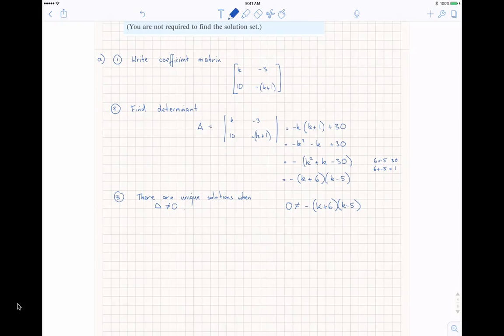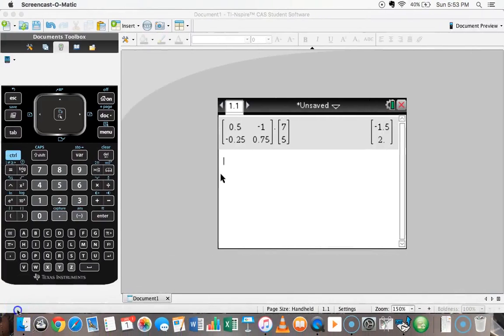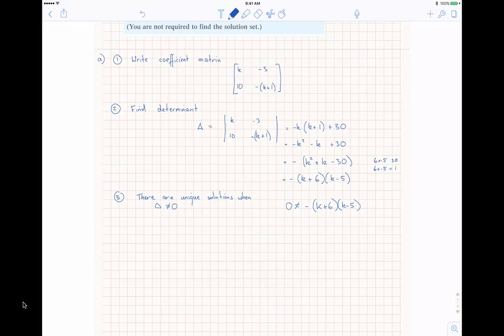If we use the null factor law, that means that k does not equal minus 6 or positive 5.